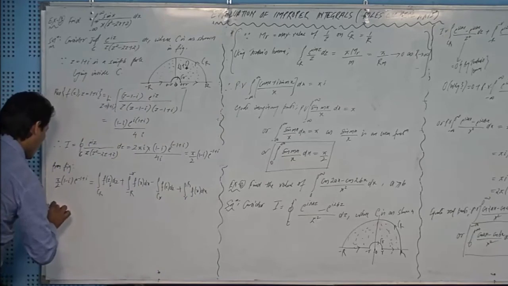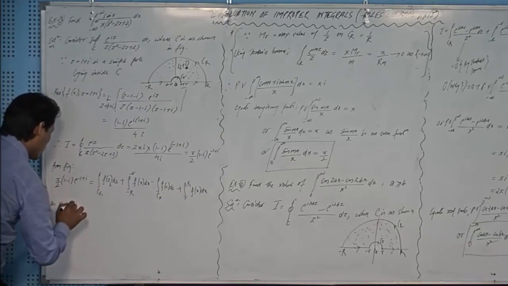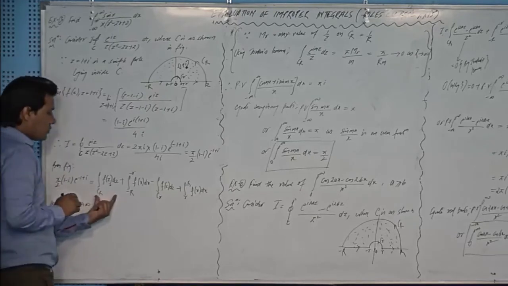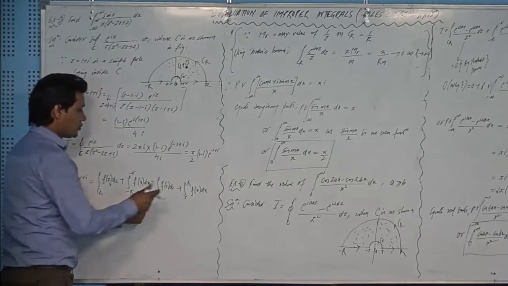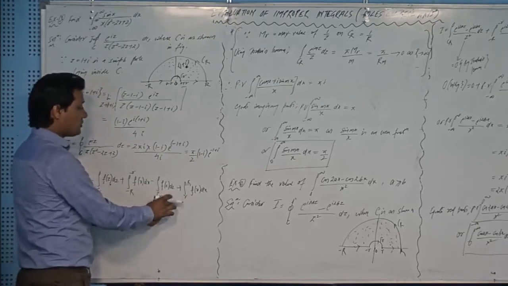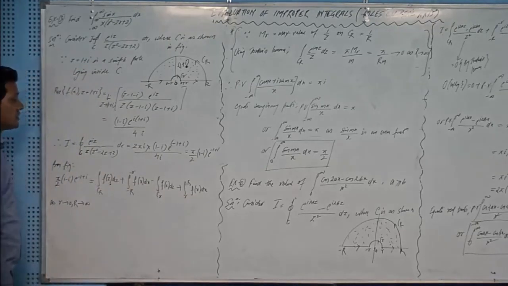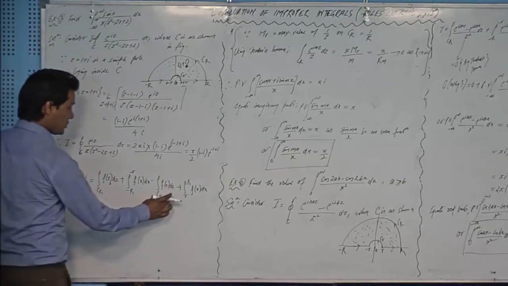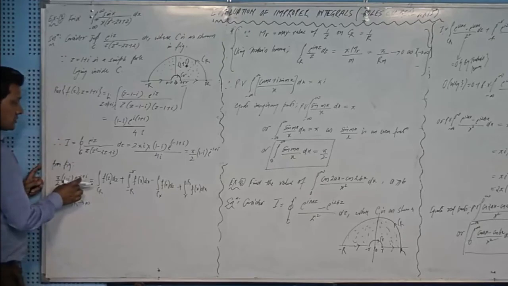And as small r tends to 0 and capital R tends to infinity, this will go to 0, and these two will be added up to give the integral from minus infinity to infinity, and the small semicircle has value pi iota times the residue of f(z) evaluated at 0, right? So I will write that and take this value to the same side.